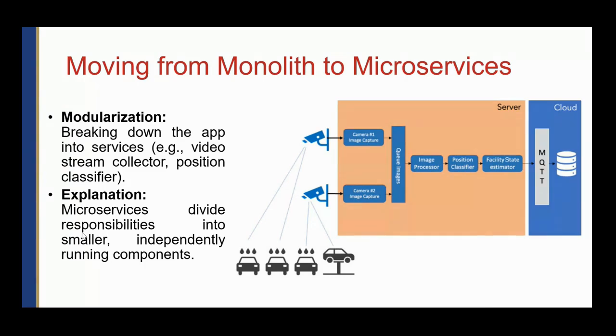This may be one kind of challenge. For example, for the car repair facility, you could create a separate microservice for video stream collection, another for image processing, and another for vehicle position estimation. Each function should be handled by its own module, its own microservice. Each service can then be deployed and maintained independently.